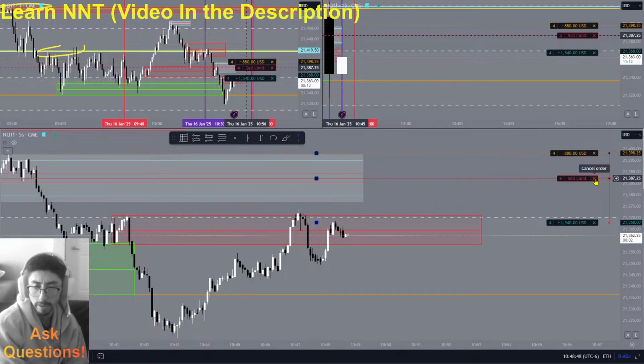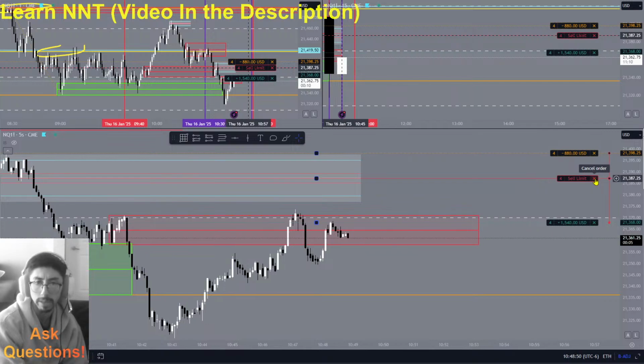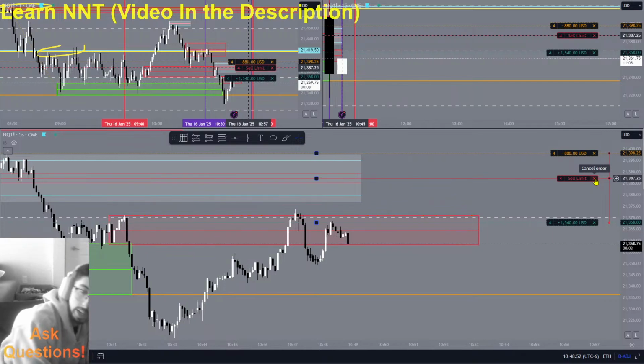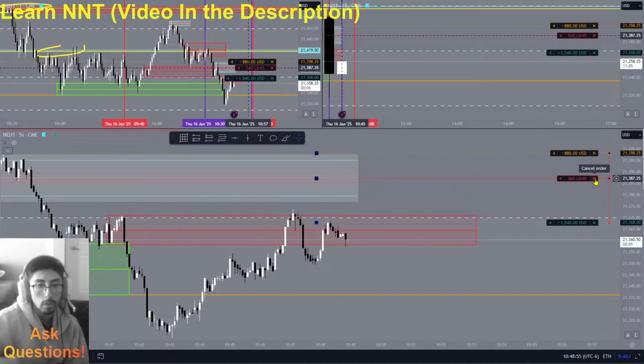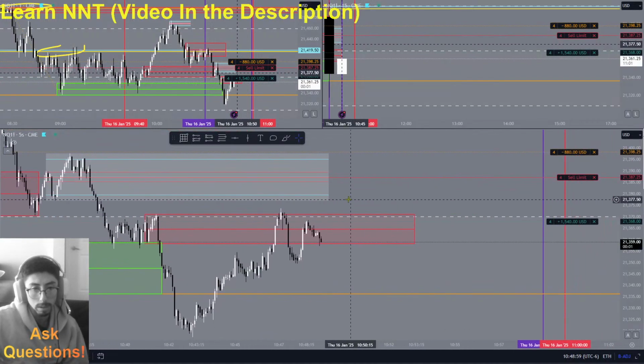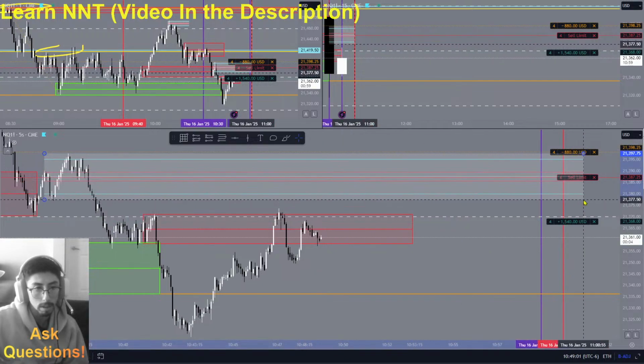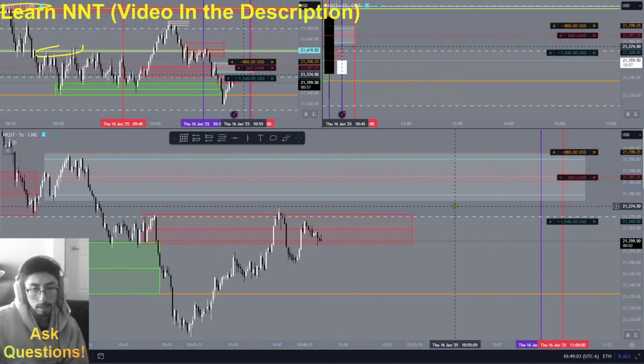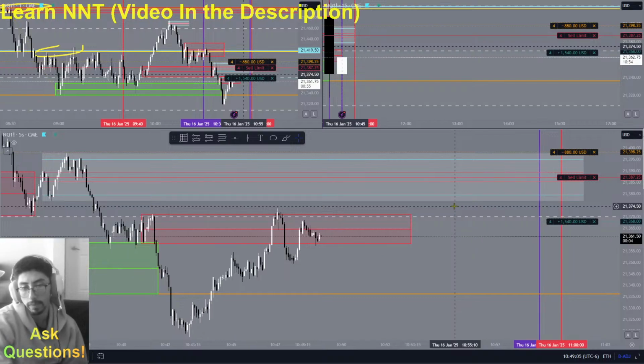I'm afraid it might not even come fill us. We only have 10 minutes too. I'll wait till 11:10 Central Time, the most for a play. But I typically don't do that. It's pretty rare, because the whole point of me avoiding after 11 is the unstable volatility.